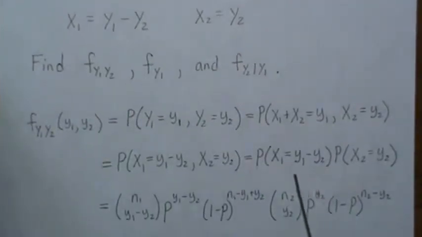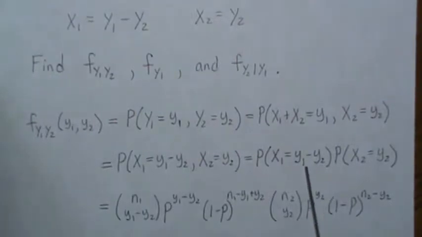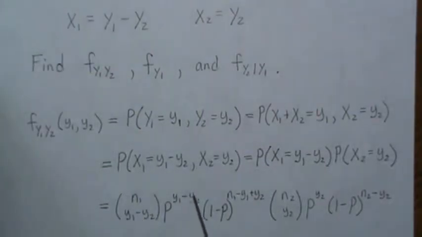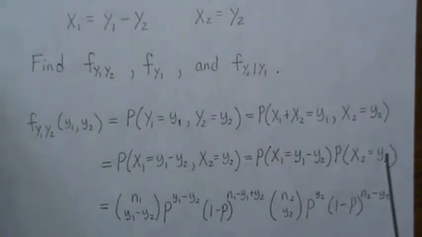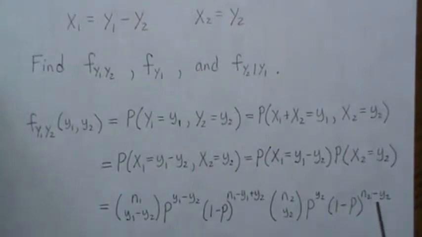So this first one is a binomial, where you plug in y1 and y2 for the variable. So it's n1 choose this, p raised to that power, 1 minus p raised to the n1 minus this, and then when you distribute the minus, it becomes a plus. And then you plug in y2 for X2 in the second distribution.